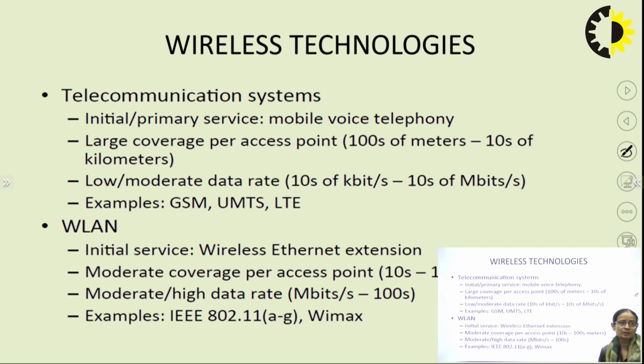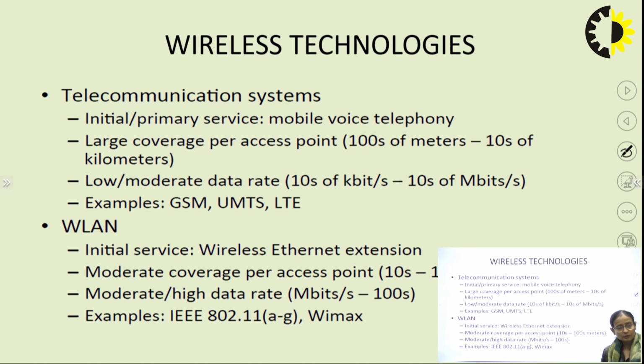When we say wireless technology, initially we have the telecommunication systems, the primary service where we use mobile voice telephony. Here we get large coverage per access point, for instance hundreds of meters, but the data rate is low to moderate in this case. Examples are GSM, UMTS, etc.